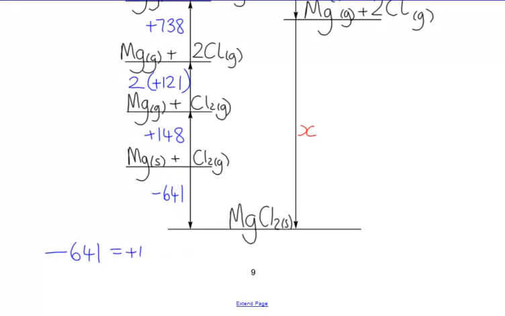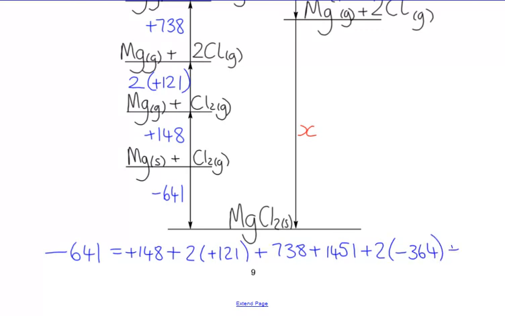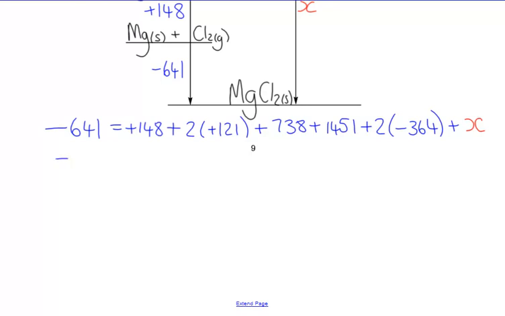So plus 148 plus, and don't forget that 2 lots of 121, plus 738 plus 1451 plus 2 lots of minus 364 plus our unknown, which is going to be a nice big negative number. So get your calculator out and have a little go. Minus 641 still here. Add up all the numbers on the left hand side, see what you get.